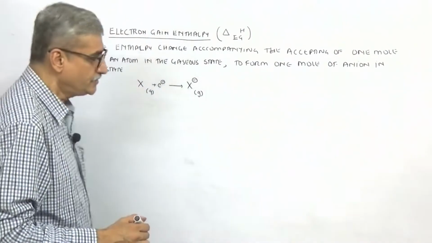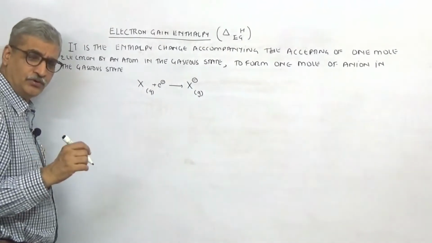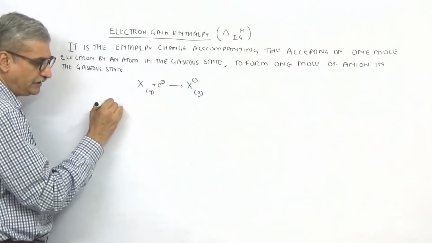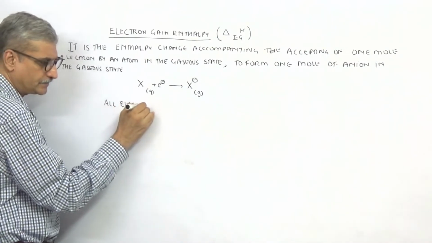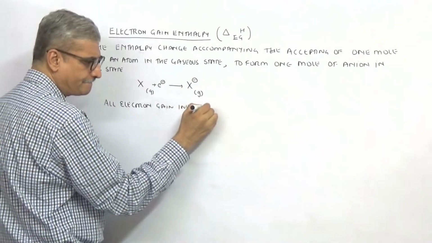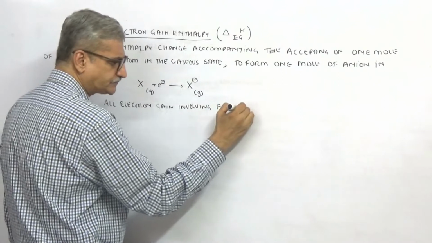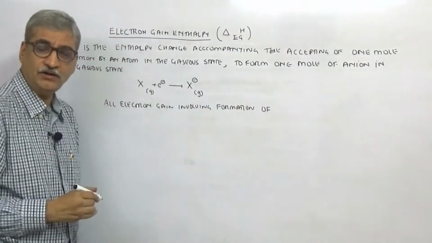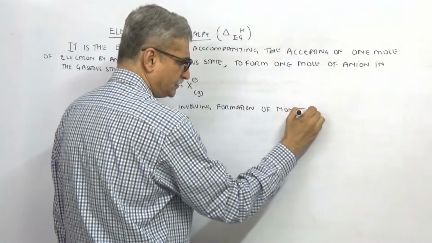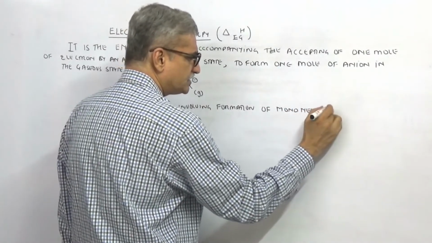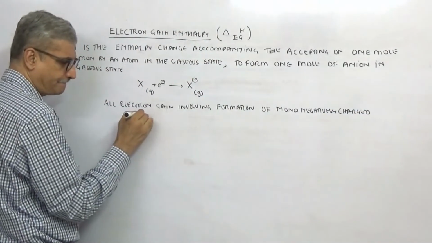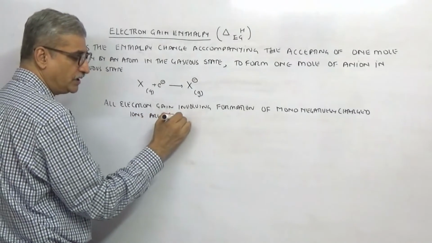Okay. So when it forms a mono-negative anion, so all electron gain involving formation of a mono-negatively charged ions are exothermic.